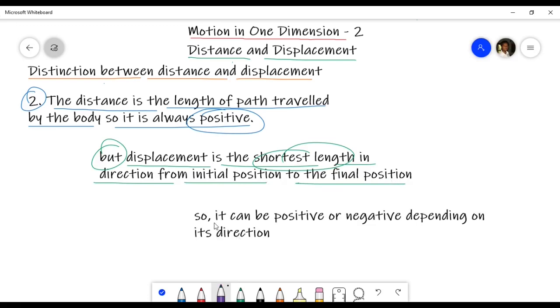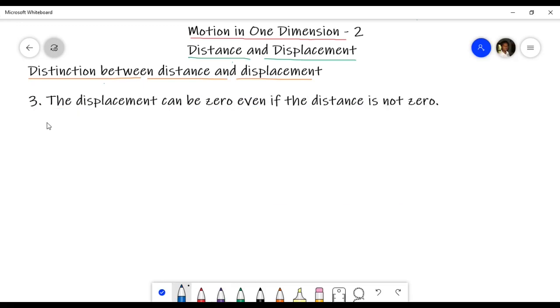So it can be either positive or negative depending on the direction it is moving.